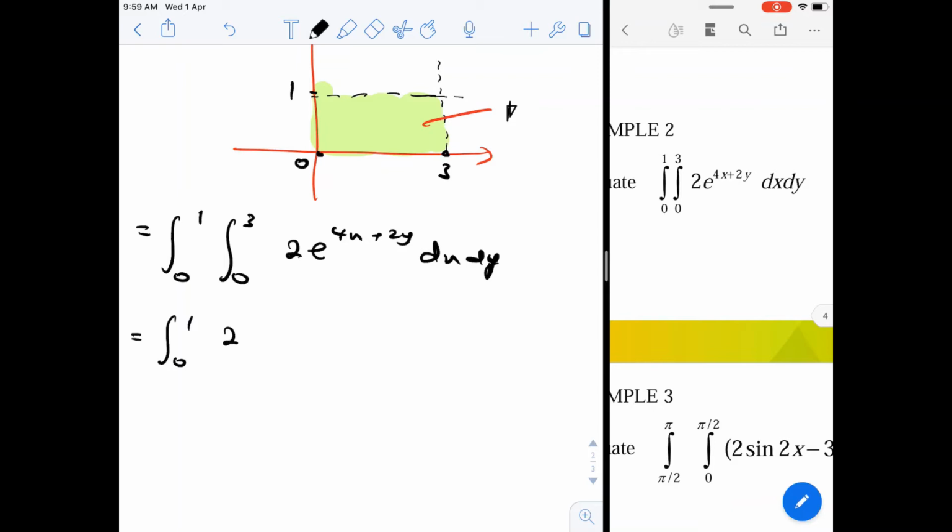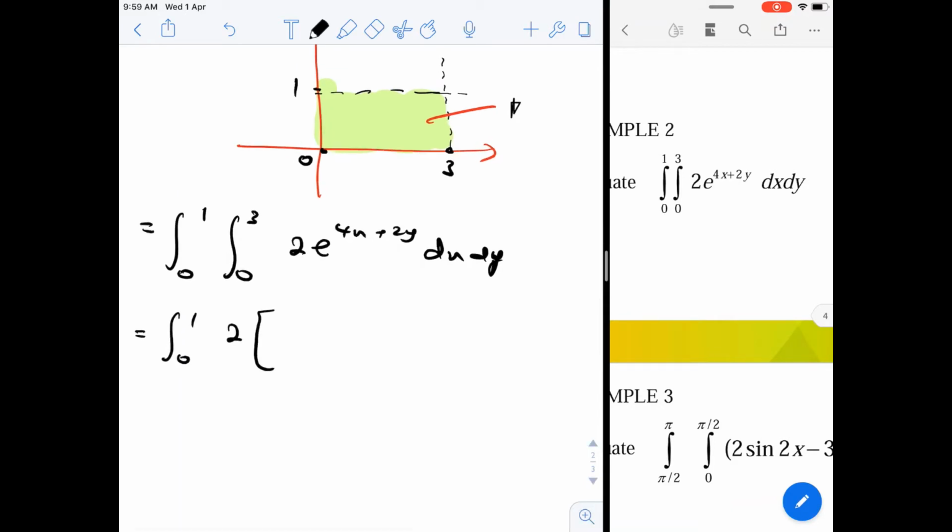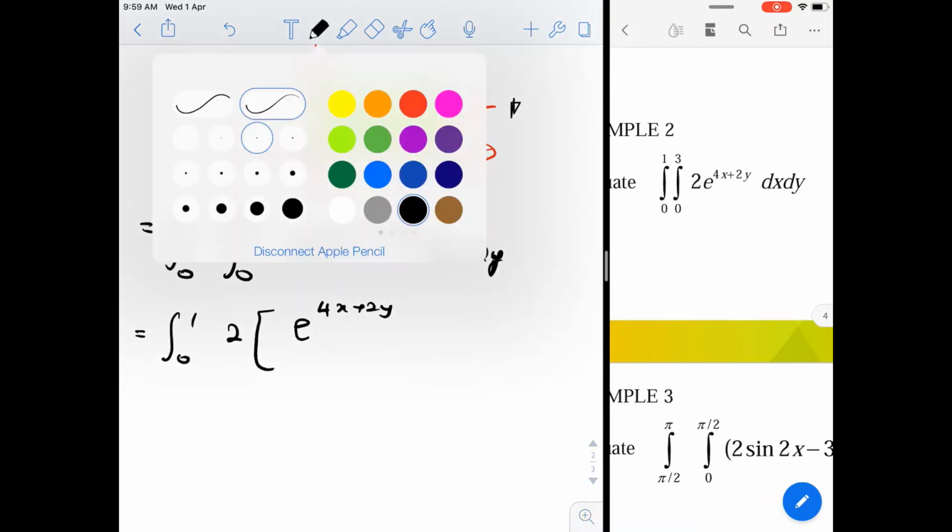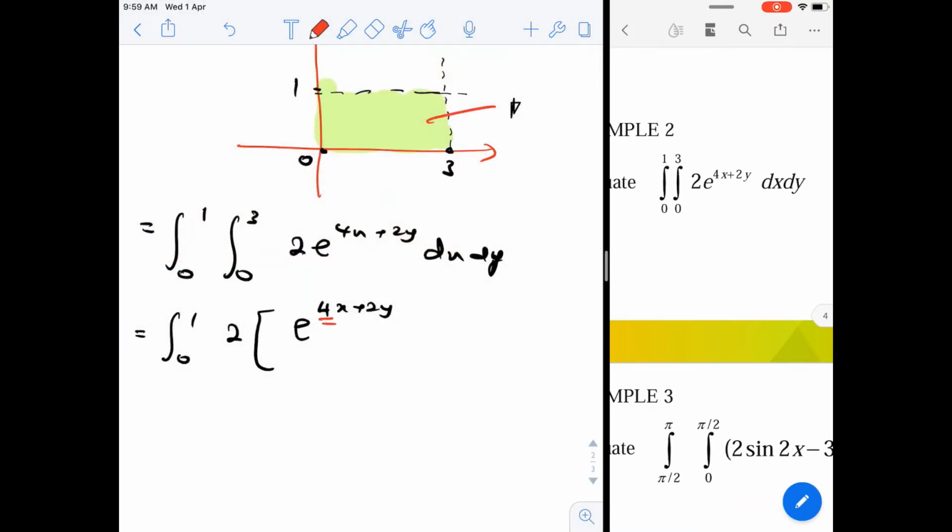Take out the coefficient 2, and integrate e to the power of 4x. We just remain the power of the exponent, so we have e to the 4x plus 2y. Now 4 is the coefficient here, so we need to divide by 4. 2y just remains because it is now just a constant, so we just copy it down here.